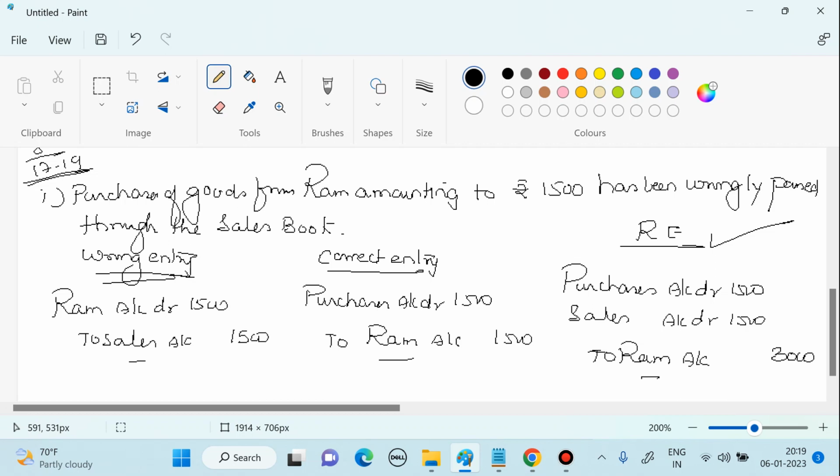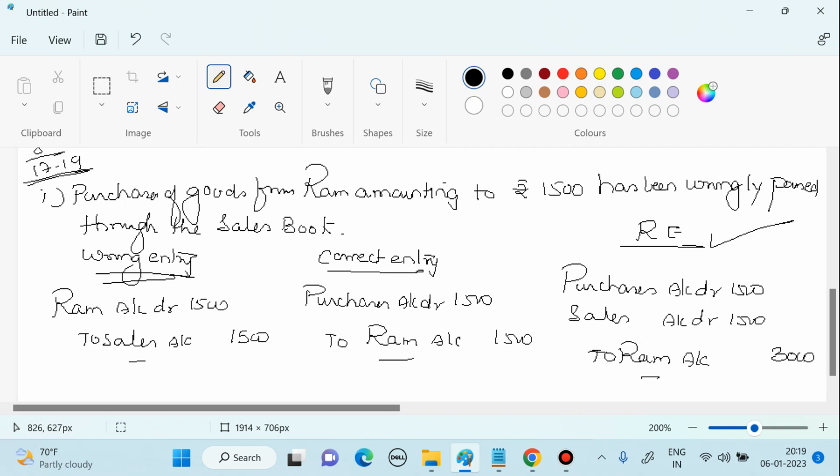So illustration 8. First one, we have rectified the entry: purchases account debit, sales account debit to Ram account. The mistake was you debited Ram, credited sales. But actually it was a credit purchase. So it should have been purchases to Ram. So what is to be done was debit to purchase, we gave it. There was a credit to sales which was wrong.